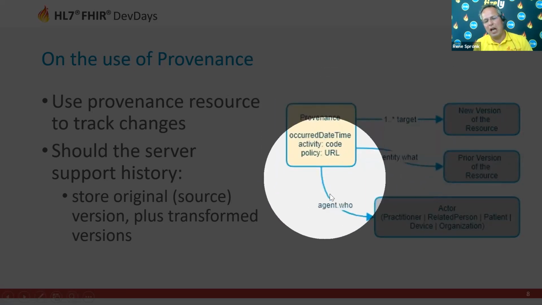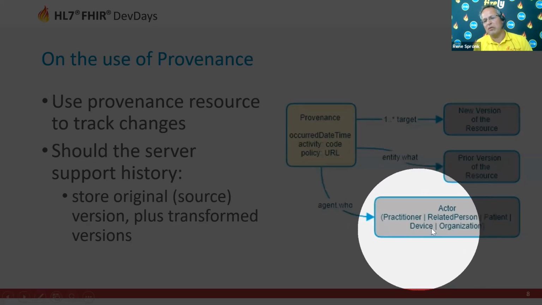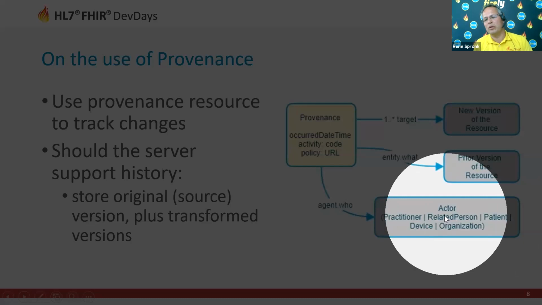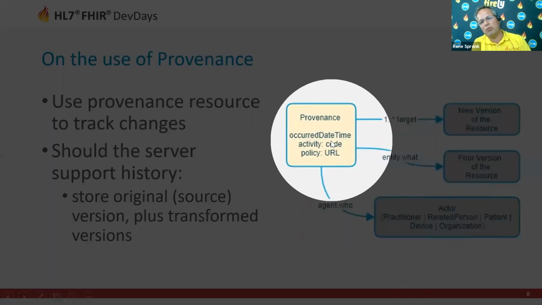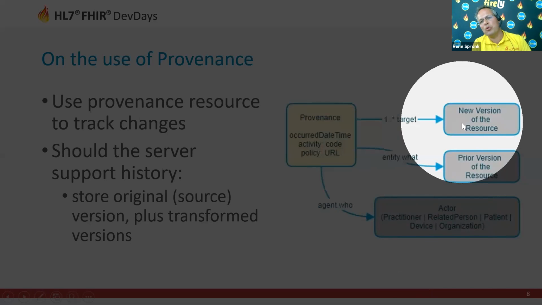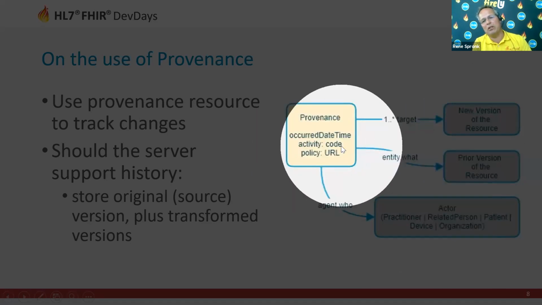And we can actually have the agent who decided or made the change. Now, this could be a software application modeled as a device, but it could actually be a human who decides to perform a certain transformation or cleansing step. The activity that was done by creating a new version based on this old version, well, the activity itself could be here, okay?